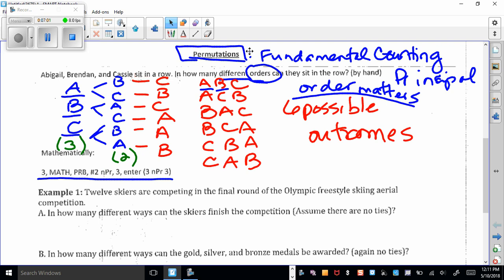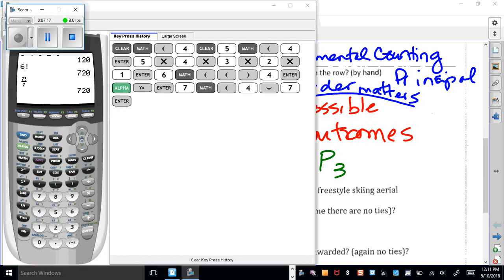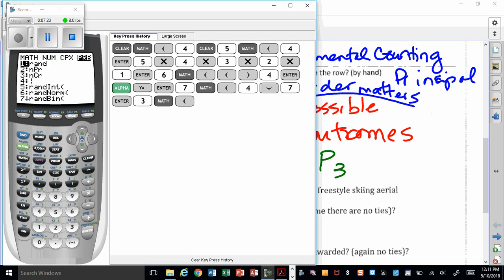So let's see if we could get that 6 doing this mathematically. I'll do 3P3. I had 3 people to choose from. It's a permutation because order matters, and I'm putting all 3 into a chair. So I'll do that on my calculator. You put the number that you're choosing from. So you have 3 people, and it's a permutation, so I'm going to go to math, and that's a probability thing, and it's number 2. And then I'm choosing 3. I'm putting all 3 in a row. So 3P3.